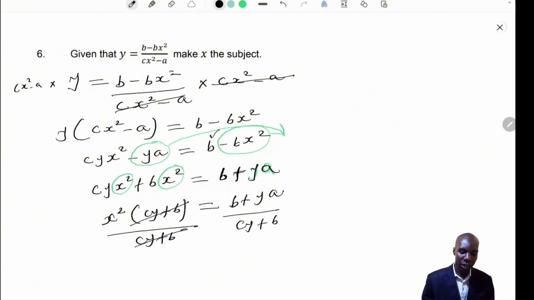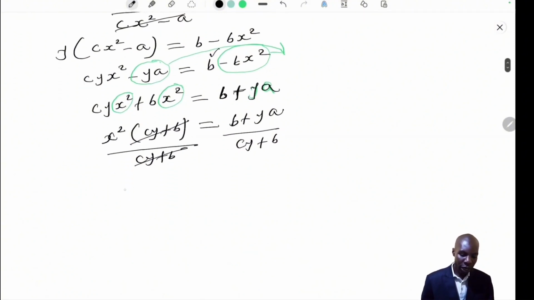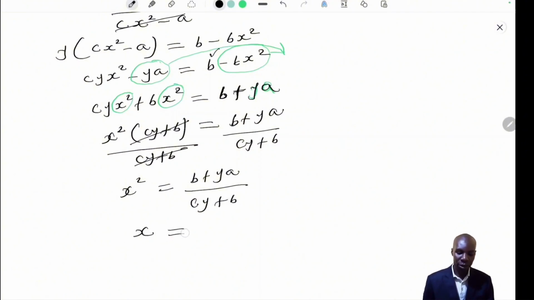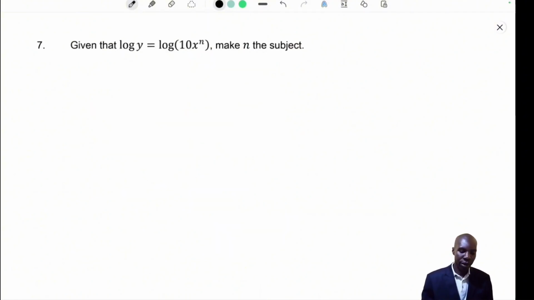So what are we left with? We are left with x squared equals b plus ya over cy plus b. Then x alone is going to be the square root of b plus ya over cy plus b. And now we have made x the subject of the formula.